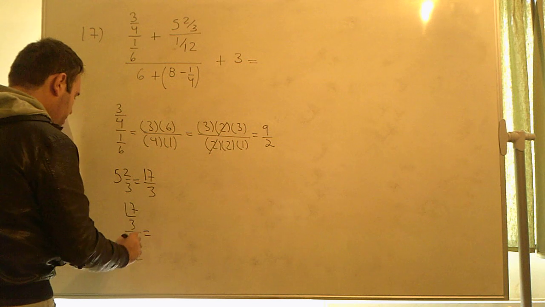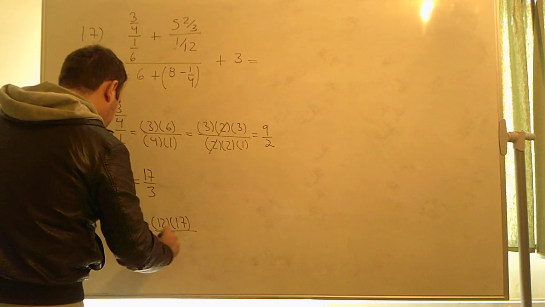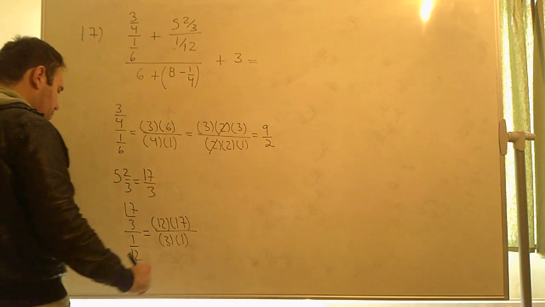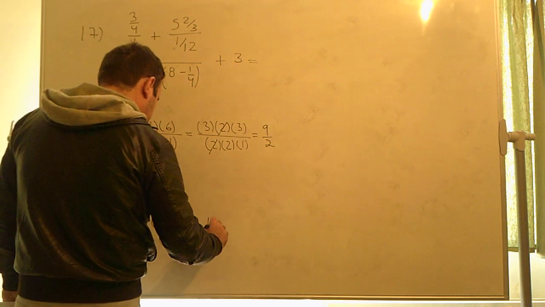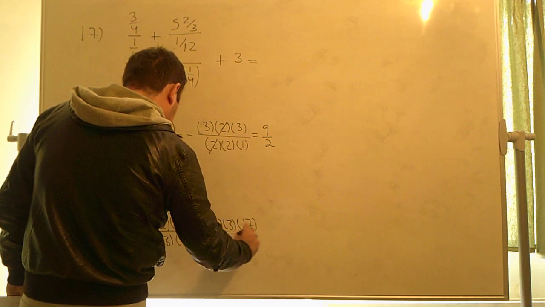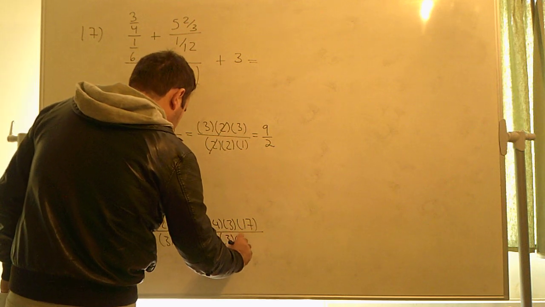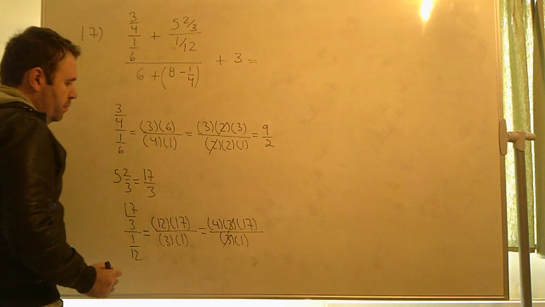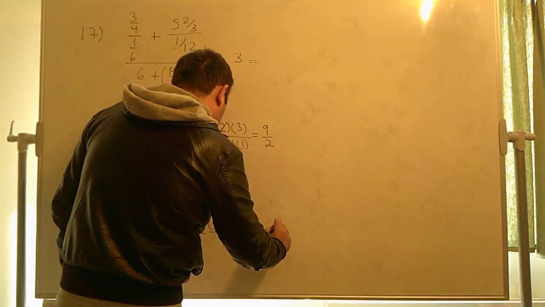So we're going to multiply the extremes, and we will have 12 times 17 divided by 3 times 1. Then 12 is equal to 4 times 3 times 17, and then 3 times 1. So 3 divided by 3 is 1, and then 4 times 17 is 68.